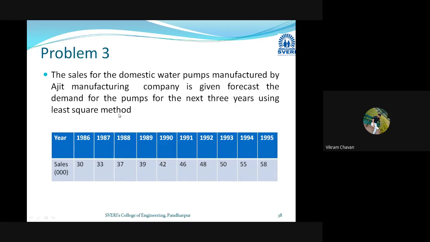Forecast the demand for the pumps for the next 3 years using least square method.